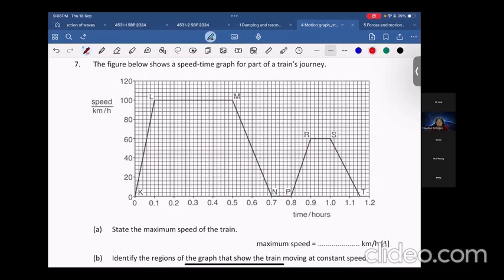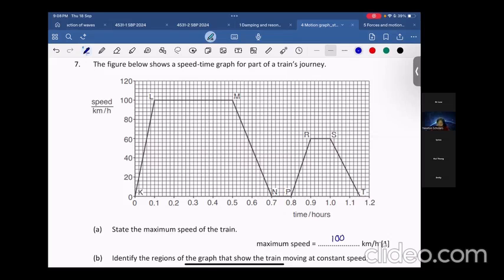Maximum speed. What is this graph? Speed time graph. What is your maximum speed? Megan correct. Emily, you type one more zero. It should be 100, right? 100 kilometer per hour.